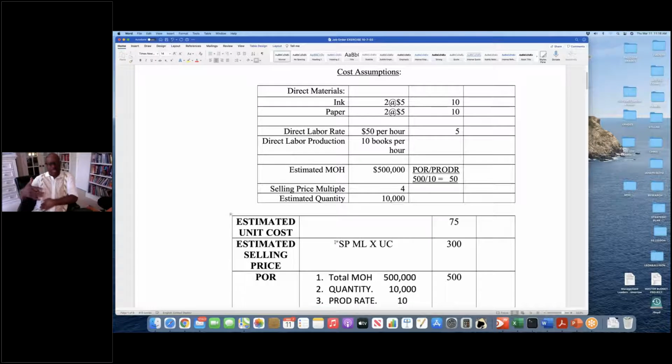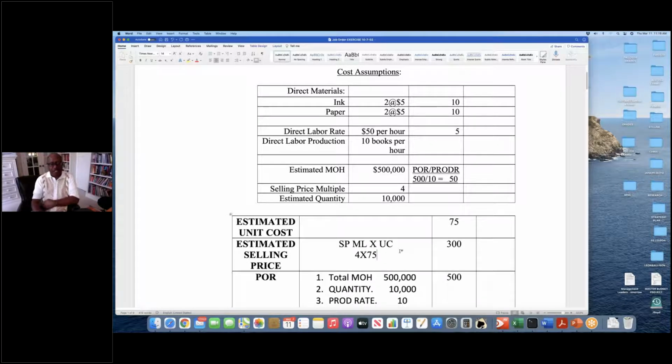See, we're pricing the item. Once we have our cost, the only way we can make money is to put extra money. We got to mark it up. So we're marking it up 4 times. So it just becomes what? 4 times 75.